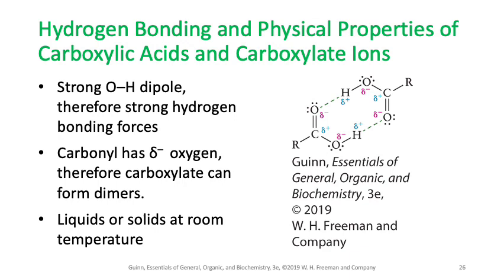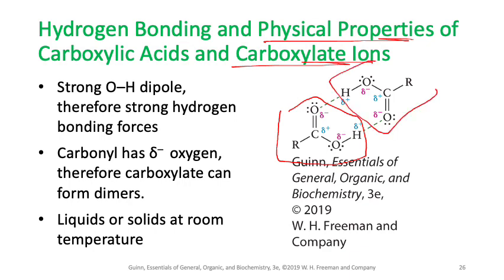Now let's talk about the physical properties of the carboxylic acid or carboxylate ion. In carboxylic acid, if you see this structure, you have two carboxylic acids in here, 1, 2, right? Both carboxylic acid molecules can form two hydrogen bonds with each other.